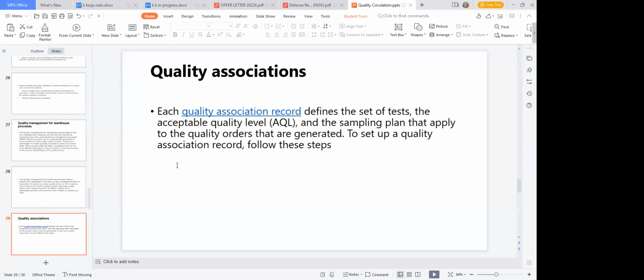When you want to come up with a simple inventory storage, normally we don't have a longer period of storage.